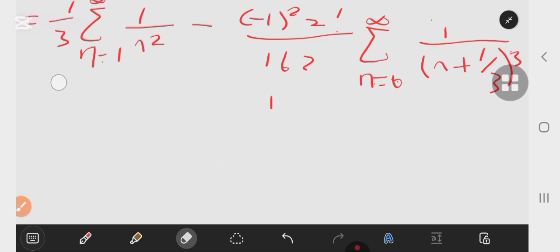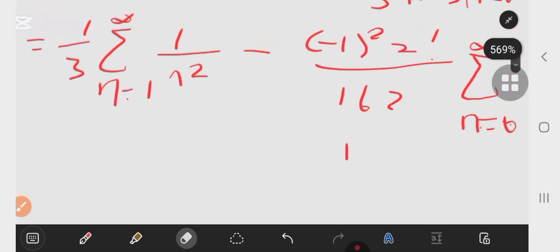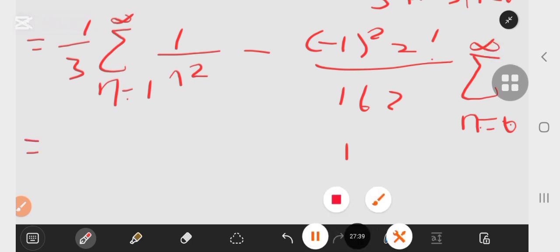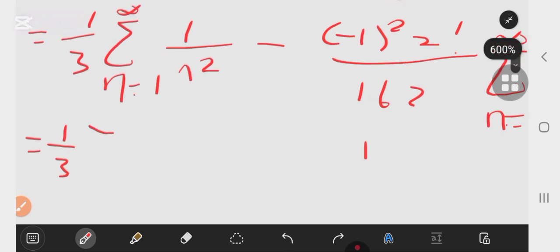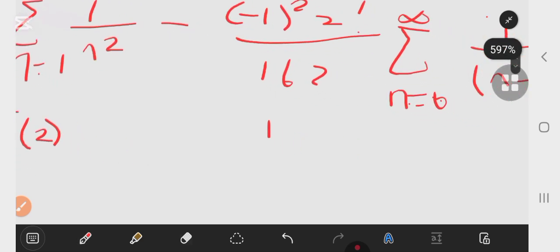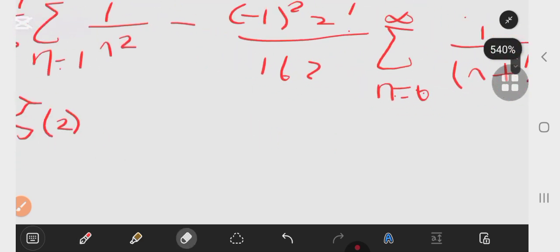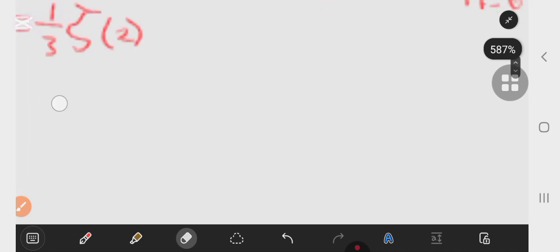So this is 1 over 3 zeta function, zeta 2. Now, just let me bring back the sum for the zeta function.